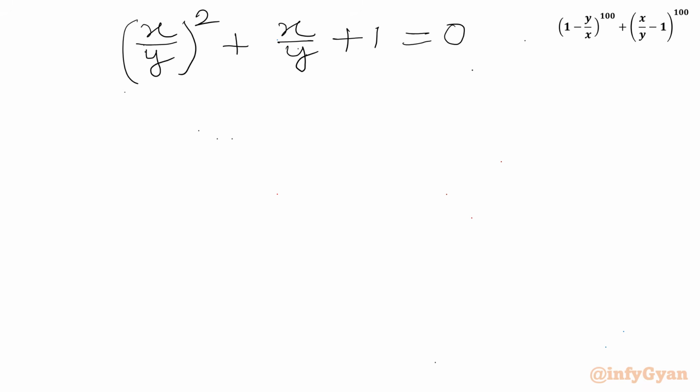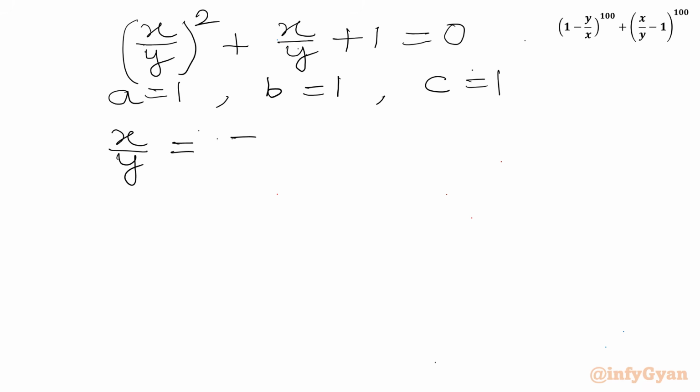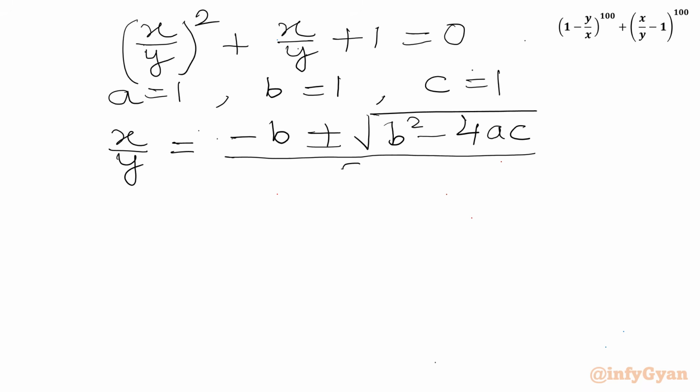So this is a quadratic. We can use the quadratic formula. If I compare our equation with ax square plus bx plus c, then we can write a is equal to 1, b is equal to 1, and c is 1. So we can calculate x over y using the quadratic formula, which is minus b plus minus square root of b square minus 4ac, divided by 2a.